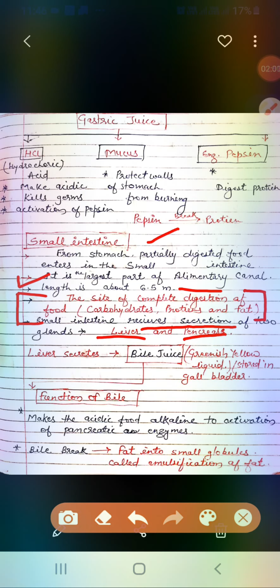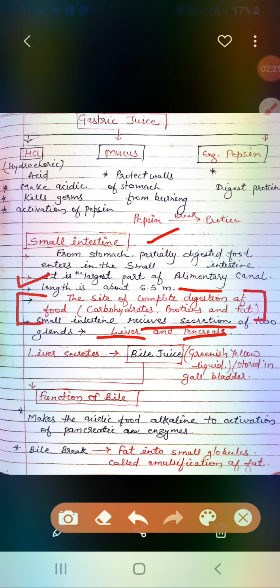So, what is the function of the liver? Basically, the liver secretes a liquid which goes into the small intestine. Similarly, the pancreas also secretes a juice, which also mixes in the small intestine.